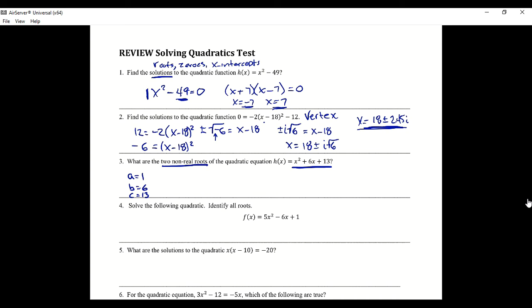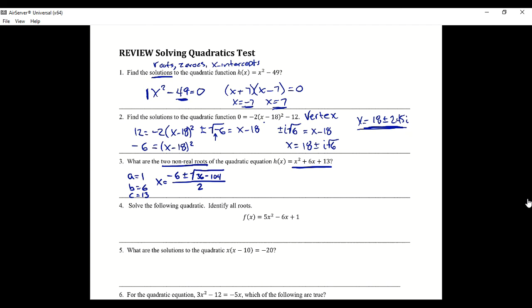So we have -6 plus or minus the square root of 6 squared, which is 36, minus 4 times 1 times 13, which is 52, all of that over 2 times 1, or 2.